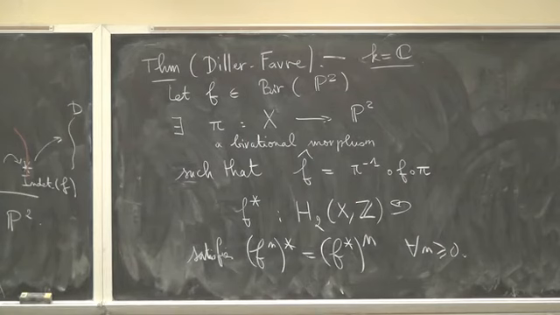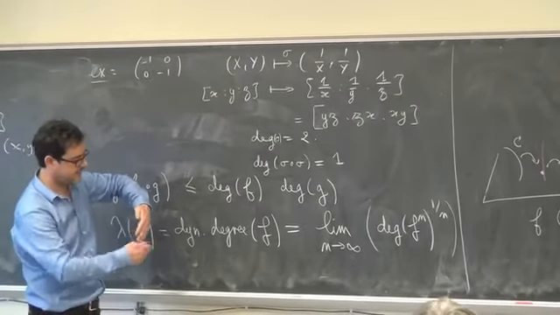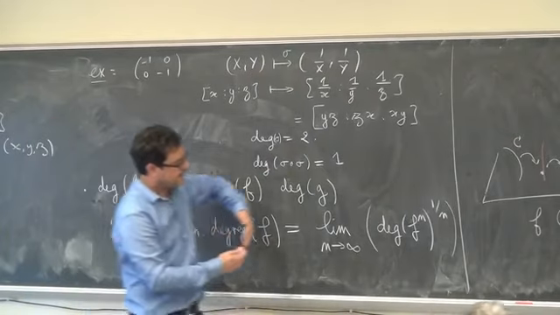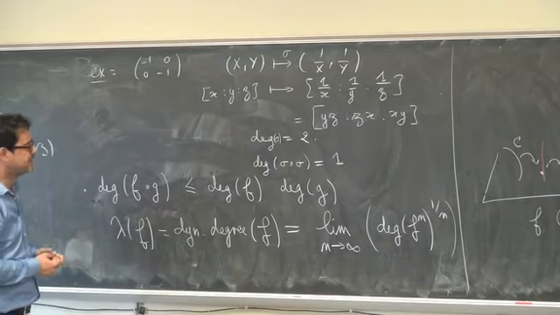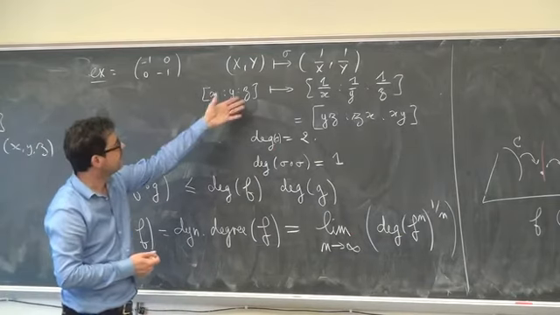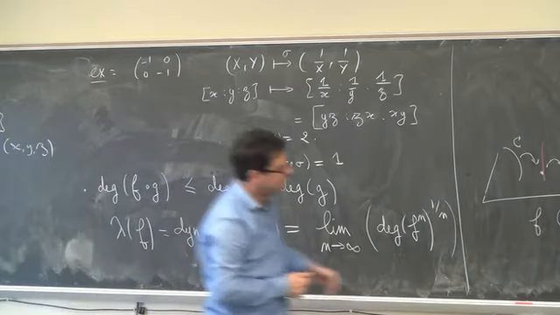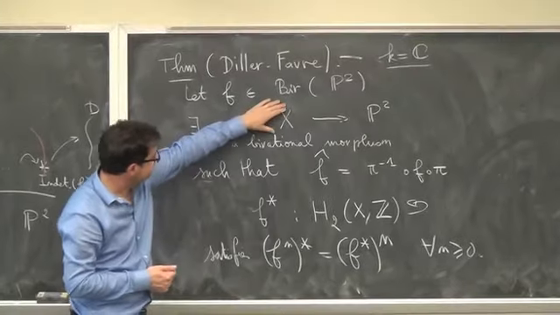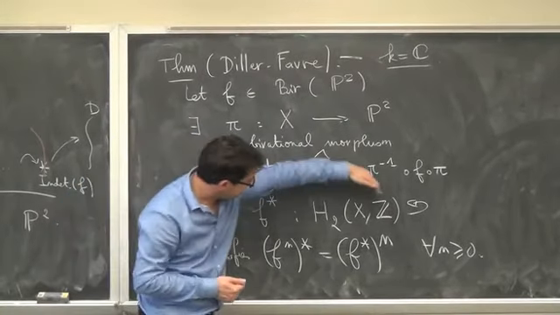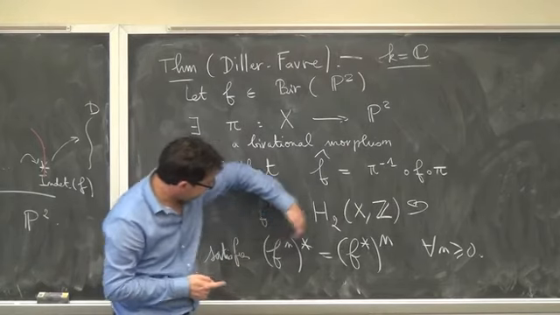One way to say that the degree is not multiplicative is to say that the action of the transformation on P2 on the second homology group does not behave well under composition. The degree of a curve is just the same as the homology class of the curve. So now what you get after a modification of P2 by a finite sequence of blow-ups, you get a matrix with integer coefficients, and you get a multiplicative behavior.